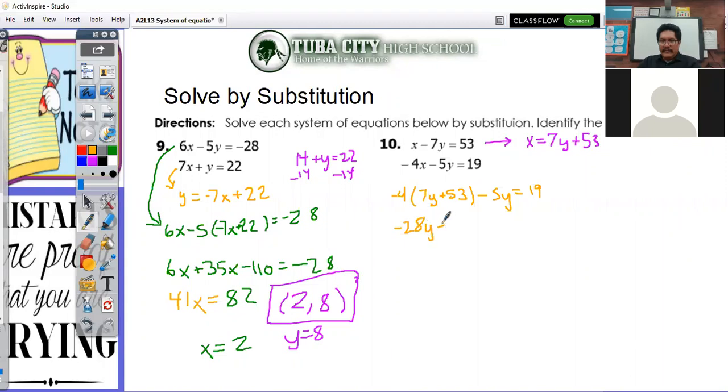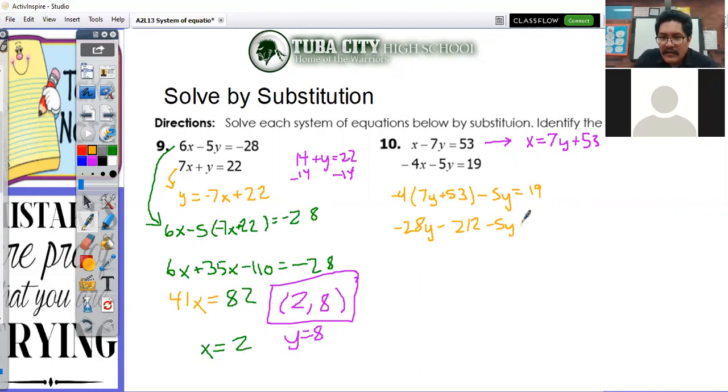-28y plus, and let's see, -4 times 53. It's going to be a negative because I'm multiplying it by a negative. So 4 times 53. So 4 times 3 is 12. And 4 times 50 is 200, so 212.